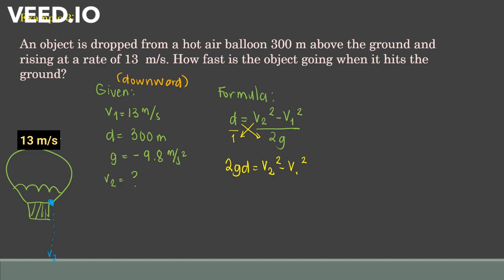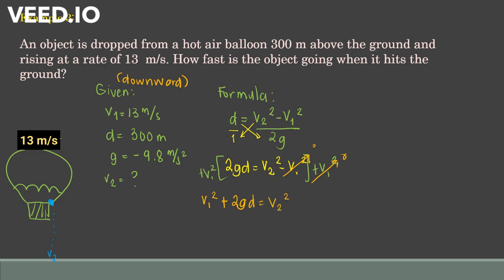We will do that by adding positive v sub 1 squared to both sides of the equation, so that we can cancel the minus v sub 1 squared. Our equation now becomes v sub 1 squared plus 2gd equals v sub 2 squared.